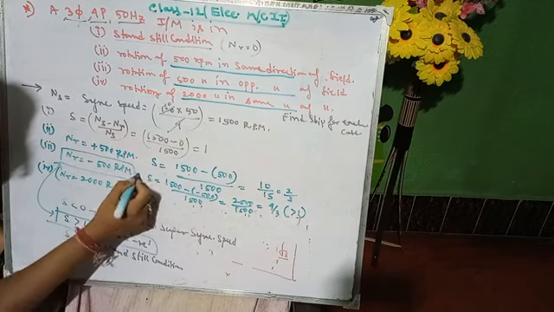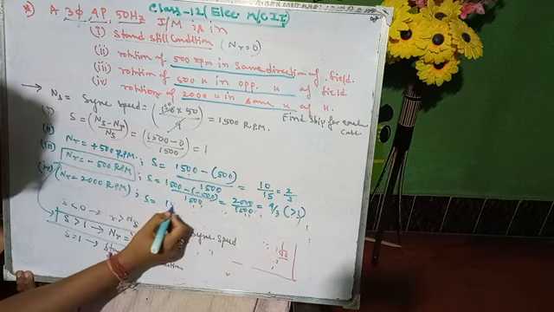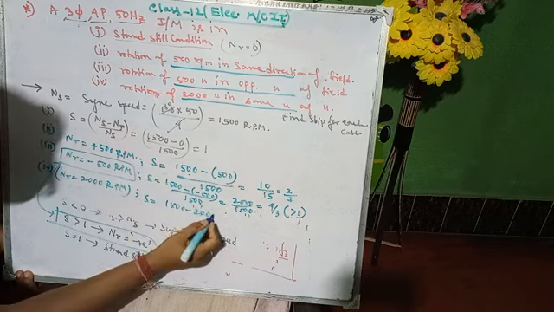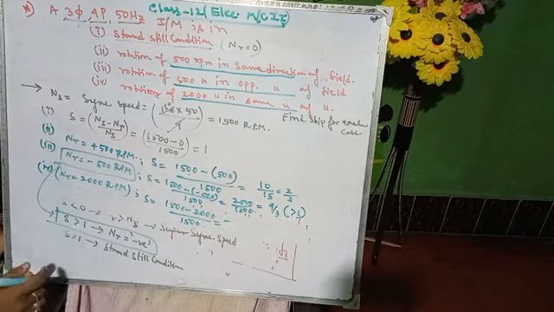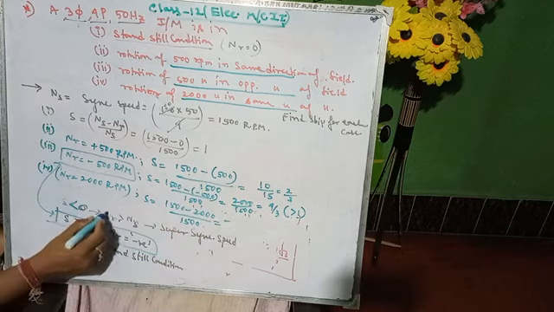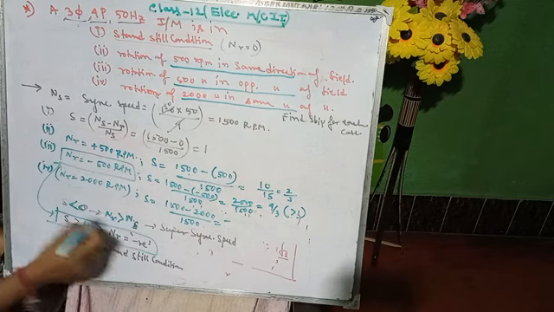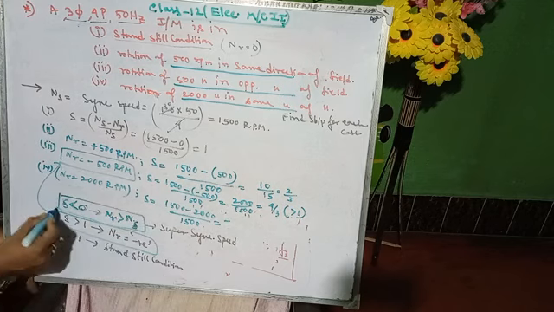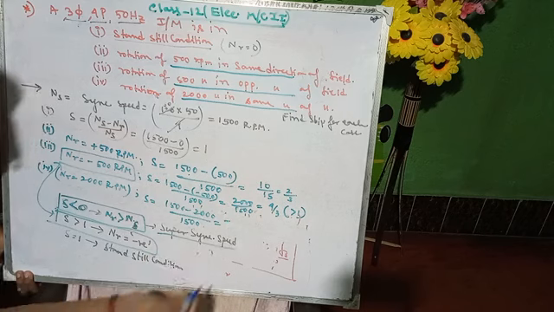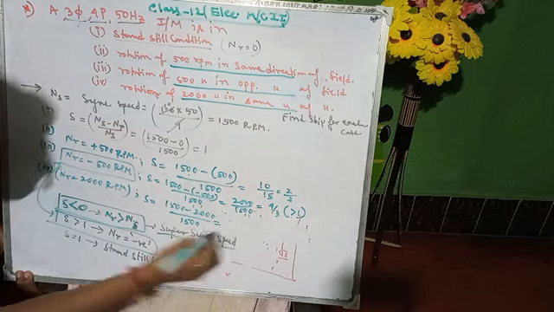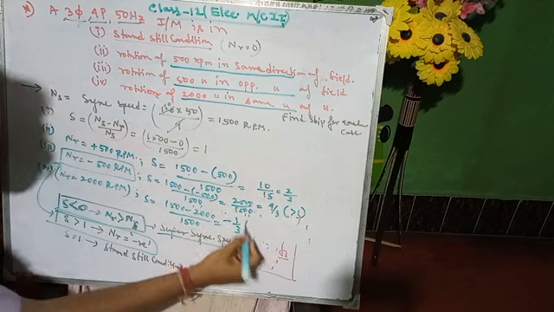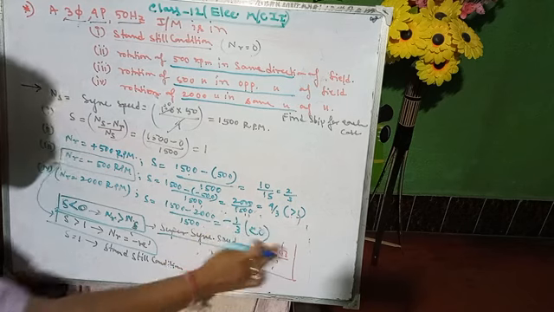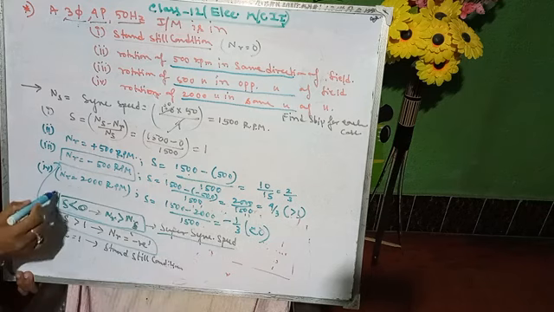So slip equals 1500 minus 2000 by 1500. That will be negative. So when slip is negative, nr is greater than ns. It is called super synchronous speed. That is minus 500 by 1500, minus 1/3, which is less than 0, right? That means it is super synchronous speed.